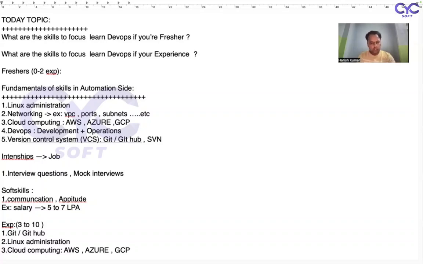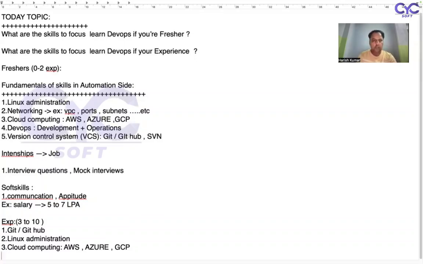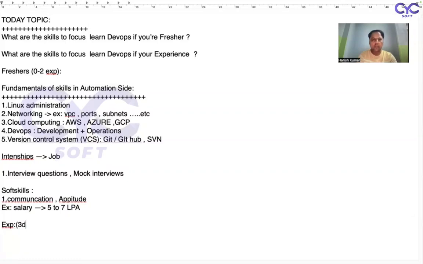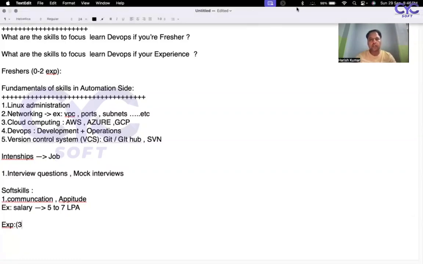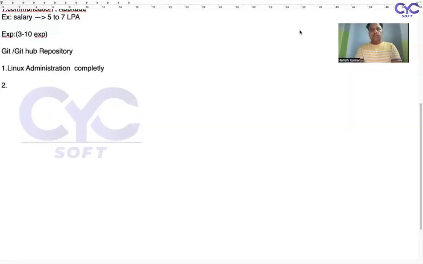The next one is CI/CD tools, guys. That is very, very important. You are trying to focus on CI and CD.